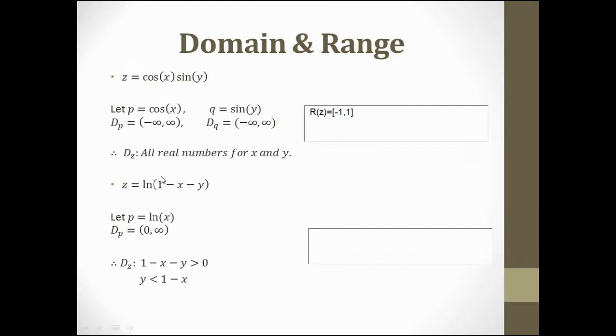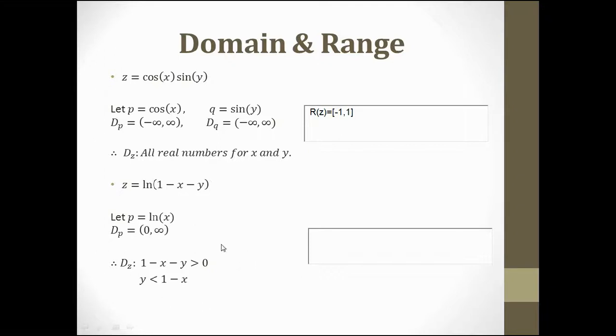So we could just take this expression here, 1 - x - y, and say that this is greater than 0, because that will only make sense. So let's just do that. So the domain must be 1 - x - y greater than 0. And after some algebra, we could get this inequality. But you could also leave it this way, it doesn't matter.